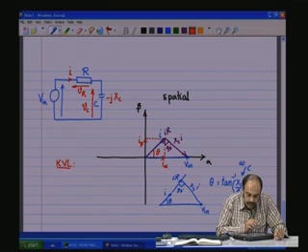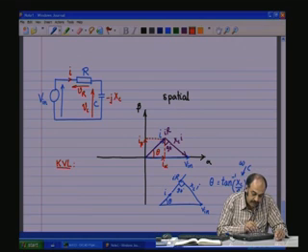Now, we can extend it by saying in the steady state, if you are doing sinusoidal analysis with vectors, the vectorial sum of voltages across the components in a loop will add up to 0, or the vectorial sum of the voltages of all the components should add up to the input vector, which is what is happening here.